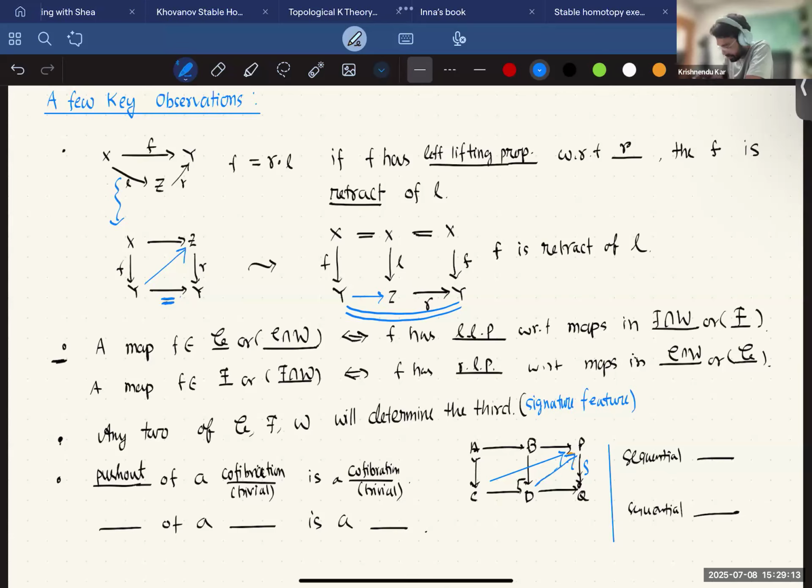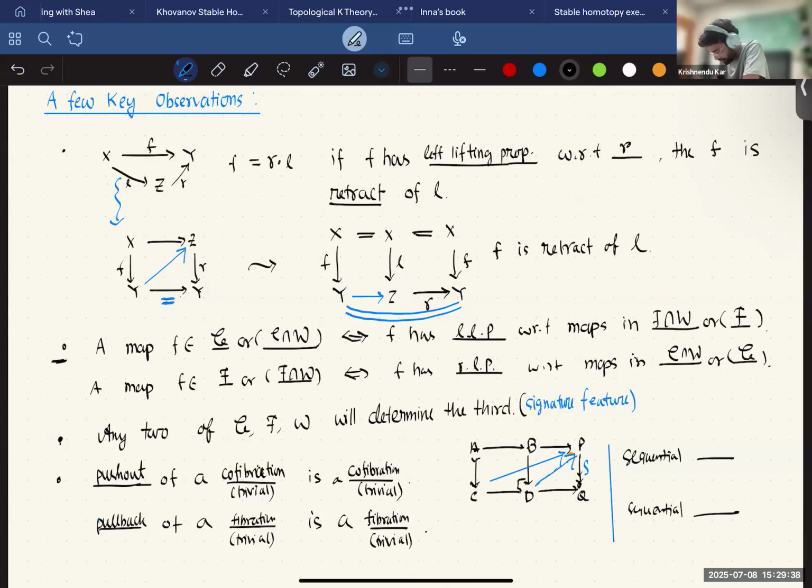Yeah, and dually you can prove, taking the dual diagram, that the pullback of a fibration is a fibration. Again, you can show this by using lifting properties.